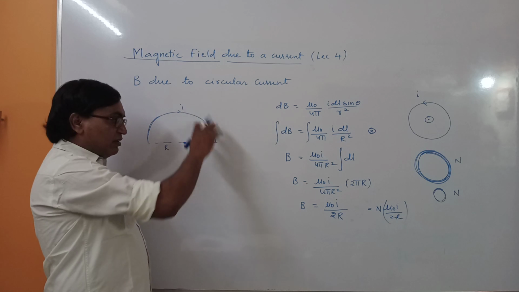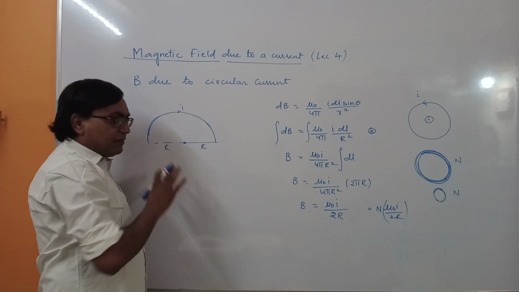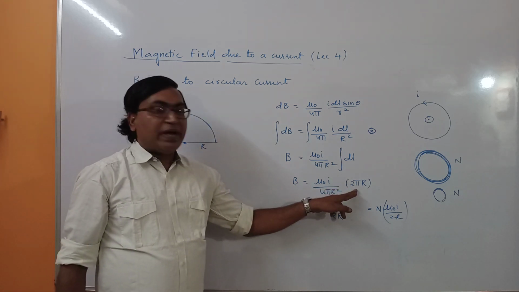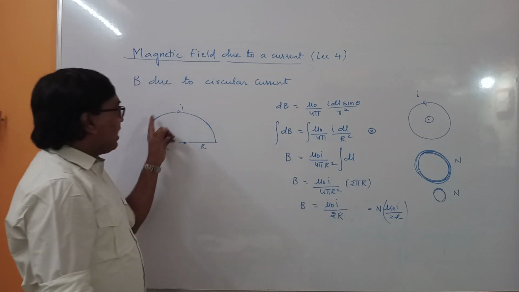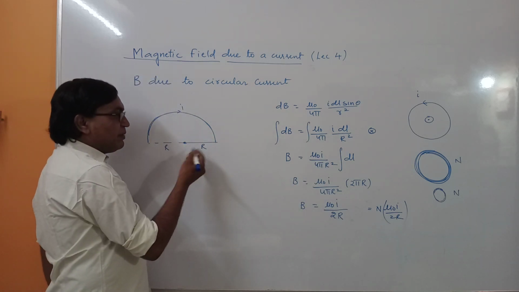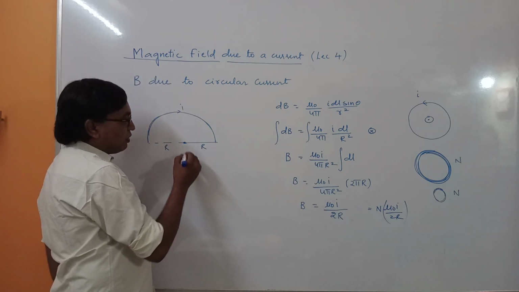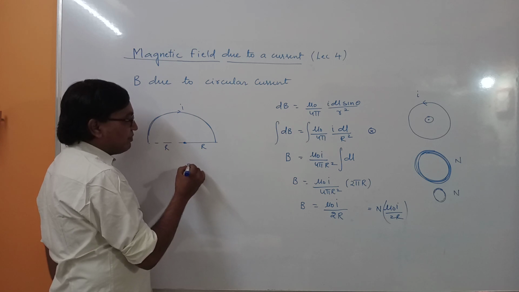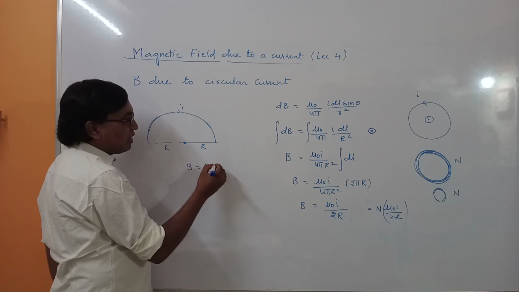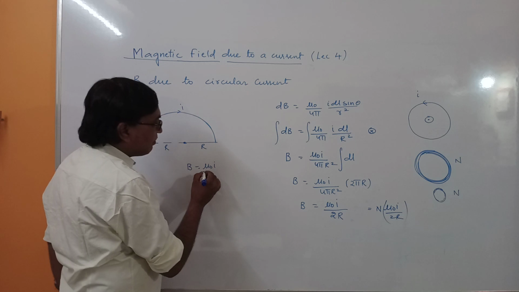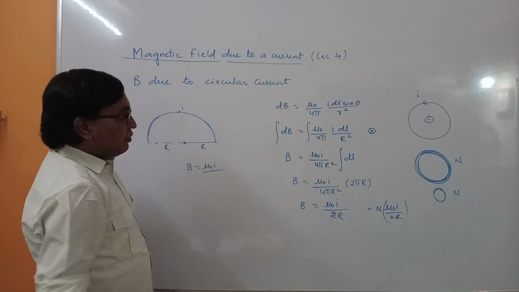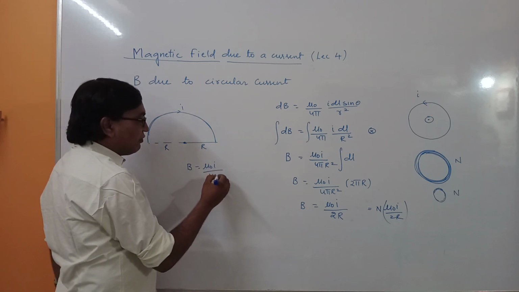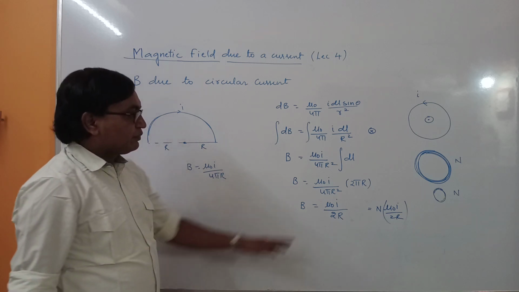When it was a full circle, the length was 2 pi r. Now we have only half of the circle, so the length will be pi r. So here the magnetic field at its center B will be mu naught I by 4 pi r, half of whatever we got there.